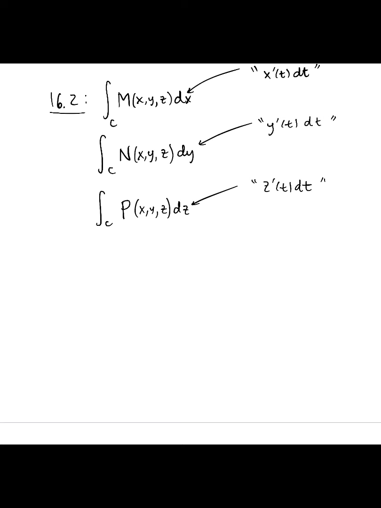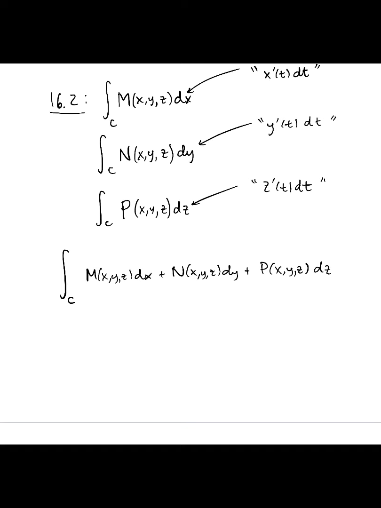And you sometimes see these three integrals all together in a single problem. And so sometimes people even write this: M of xyz dx plus N of xyz dy plus P of xyz dz.